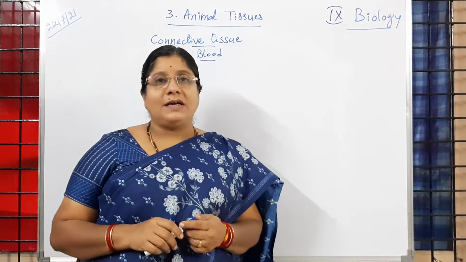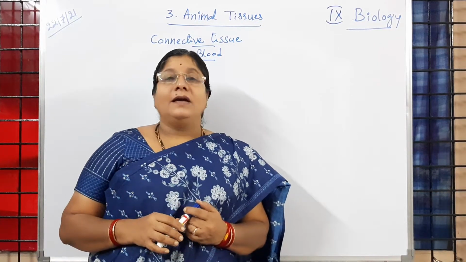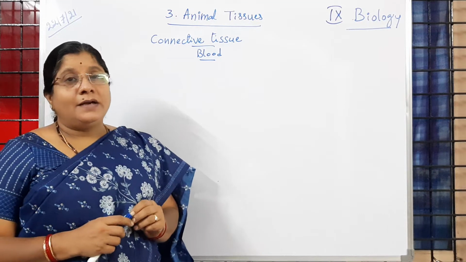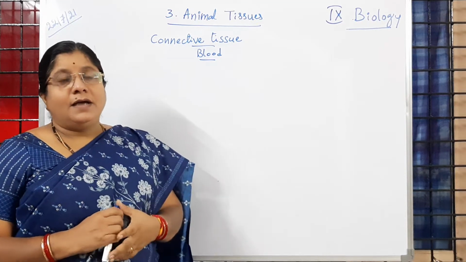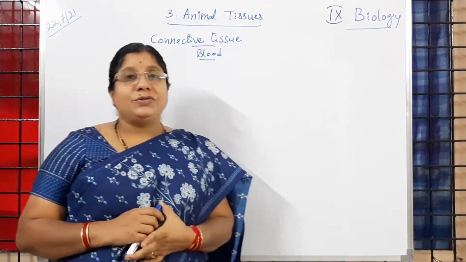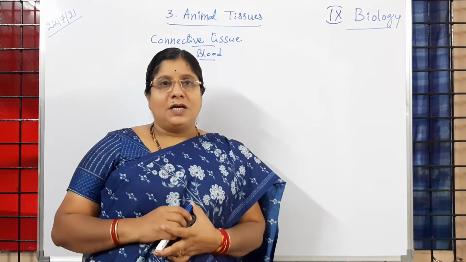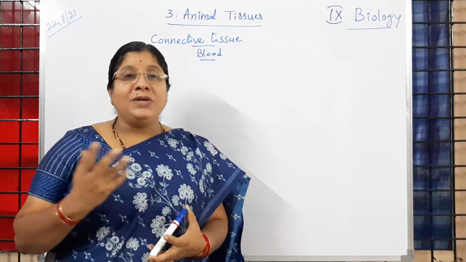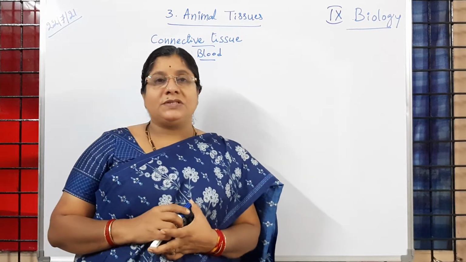In the previous class we were discussing the different types of connective tissues of animal tissues, and in that we completed some of the connective tissues and we started blood. Blood is a type of connective tissue, but it is unique of all other connective tissues. Why?